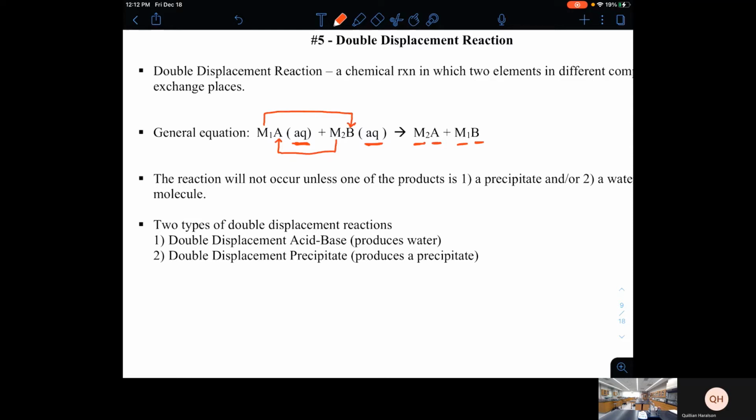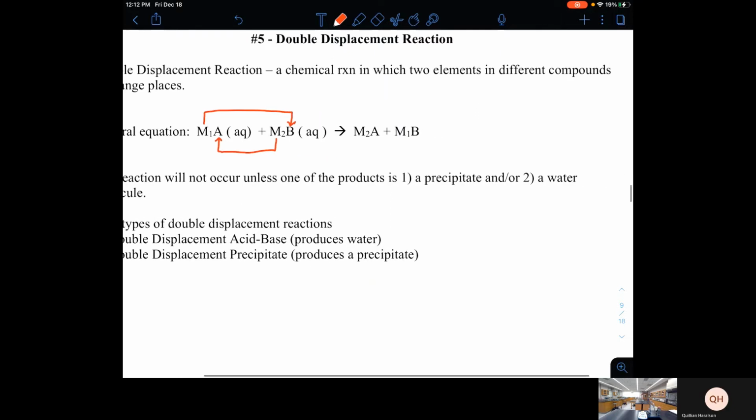The next thing we need to talk about is when it comes to a double displacement reaction, in order for there to be a reaction that actually takes place, you'll notice that in the notes, it says that you have to, as a product, have a precipitate produced and/or you have to have water being produced.